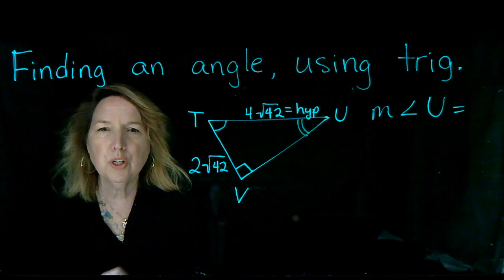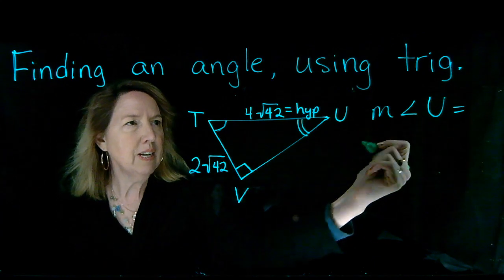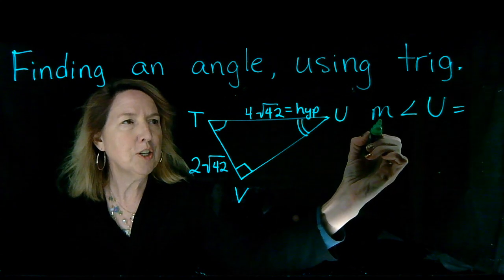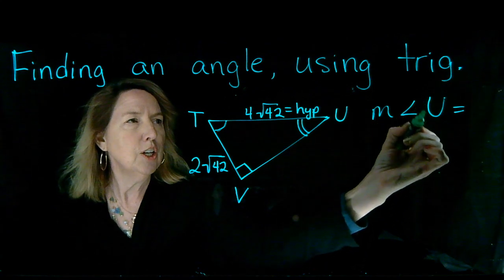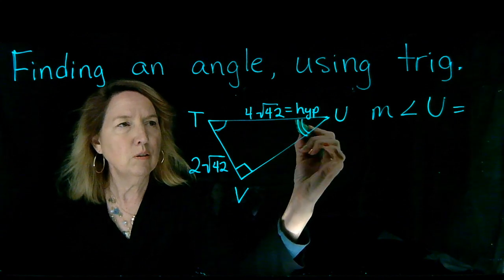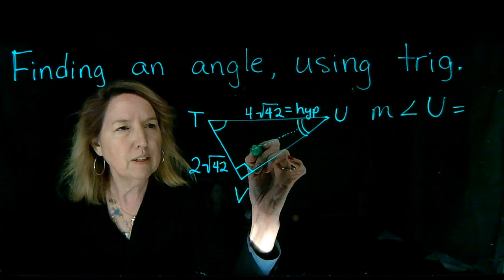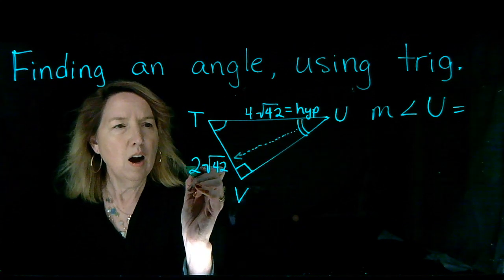So let's see what they're asking for. We go over to the question, and it says, what is the measure of angle U? So this is our reference angle up here, which means that this side that they gave us is opposite.